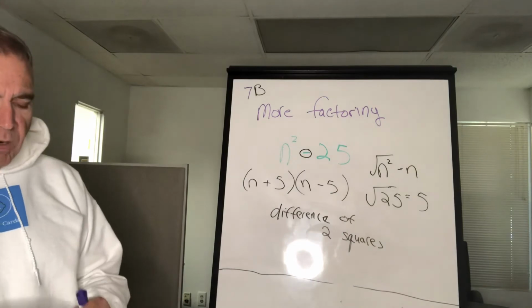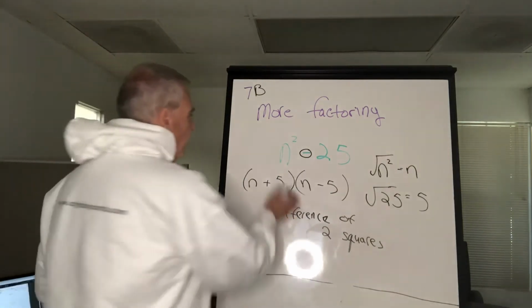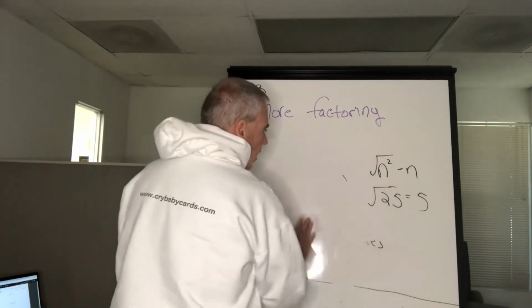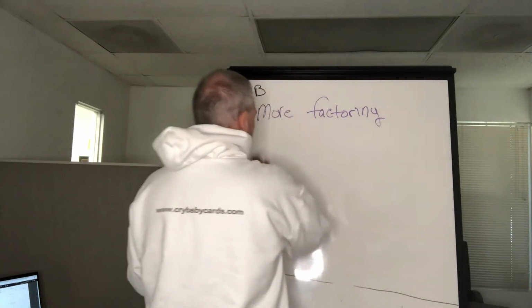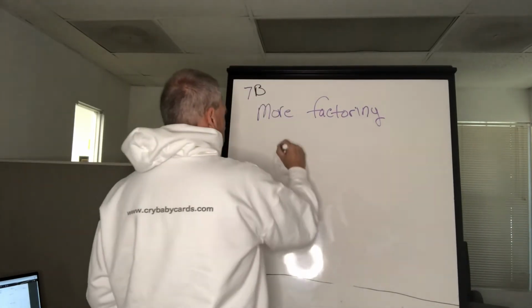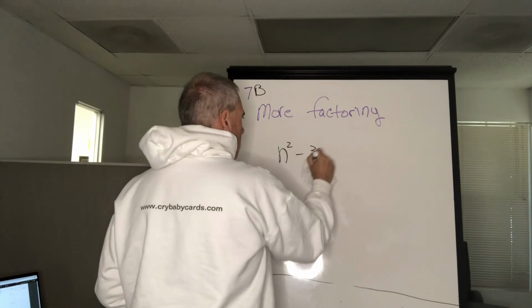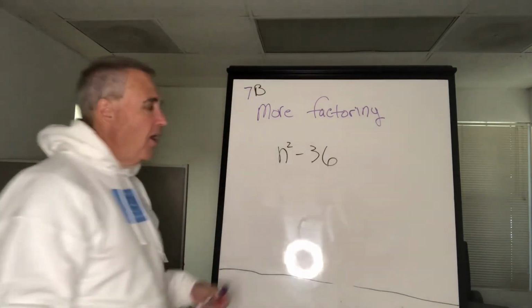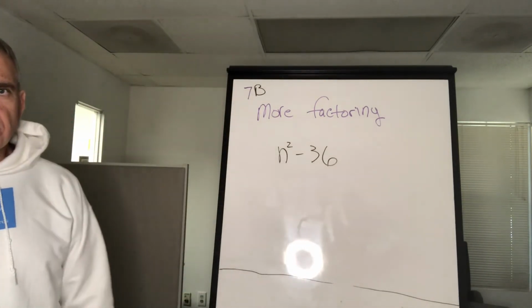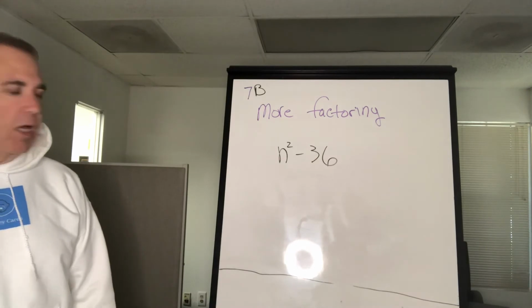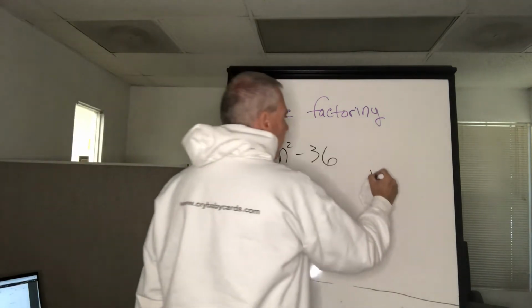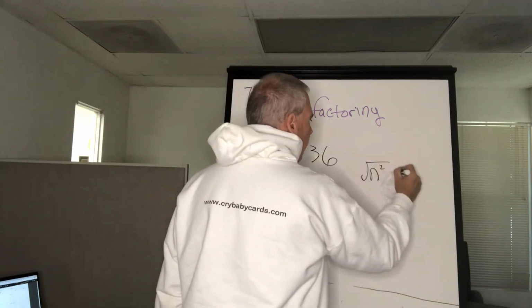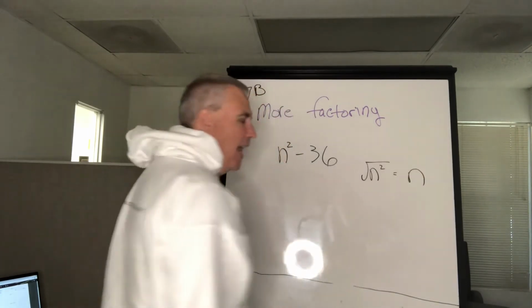Let's do one more, not from the homework. Let me just see if you could do this. If I said factor that, could you? Could you realize that the square root of n squared is n? Why?